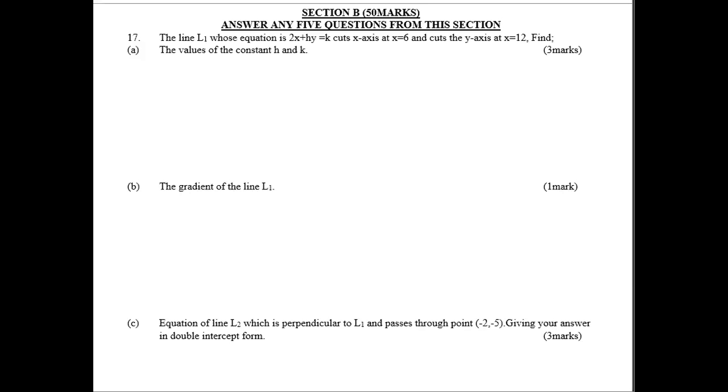Therefore, you cross multiply, you get y equals -2x plus 12. Then you can rewrite in the form ax plus by equals k.